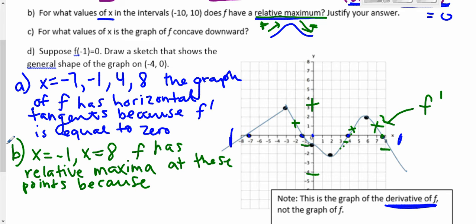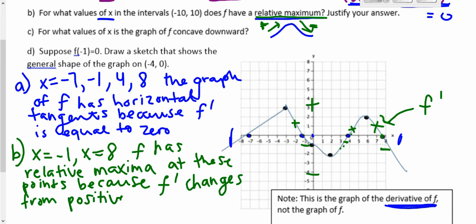The derivative, f prime, so you can either write out the word or just put f prime, because the derivative, f prime, changes from positive, or you could put a plus, to negative, or you could put a minus.